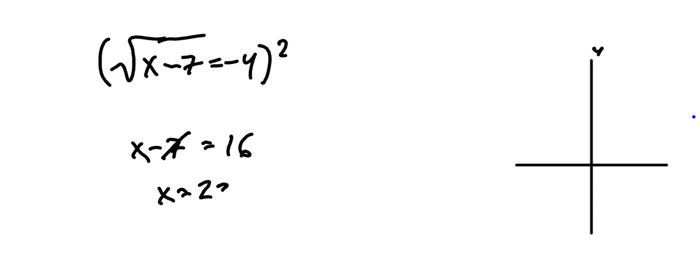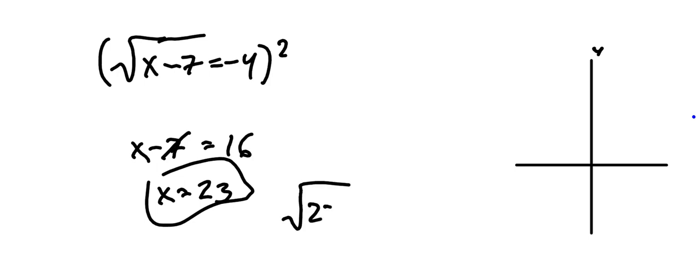Let's check for extraneous solutions here. So let's plug it back in. We have the square root of 23 minus 7 is equal to negative 4. So now we have the square root of 16 is equal to negative 4.